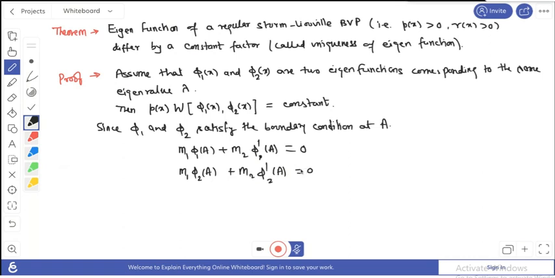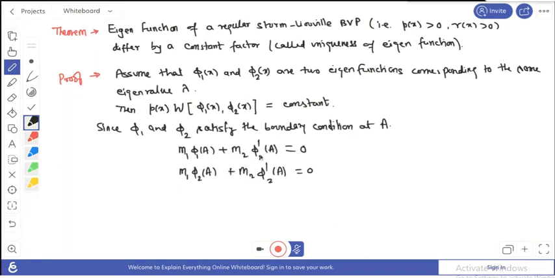Here at least one of them is non-zero, because in the boundary condition, m1 and m2 are not both zero. Suppose we assume that m1 is non-zero, and we try to eliminate the m2 part.